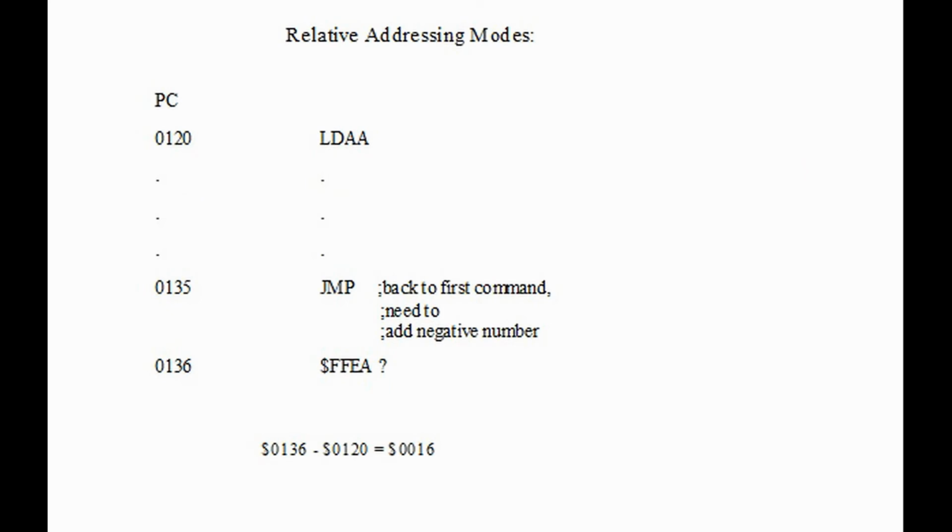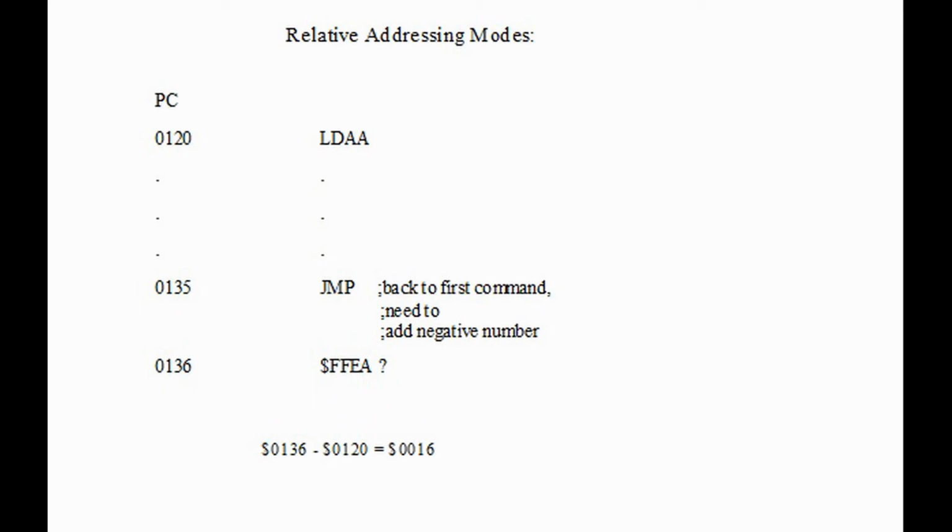The relative addressing mode is used because we need to jump backwards and forward during the execution of a program. Supposing we have a little program and notice that we start at 0120 and notice that the program counter is keeping track of each line of code. The microprocessor begins executing the program, but we decide that when we get to memory location 0135, we're going to execute the jump command and we want to jump backwards to 0120.